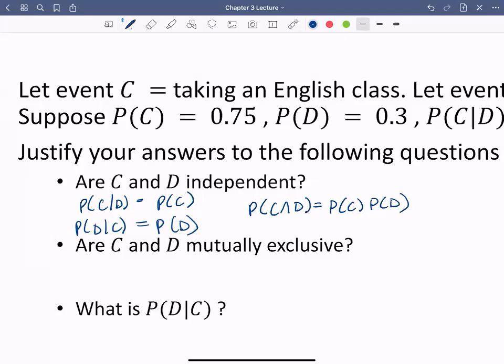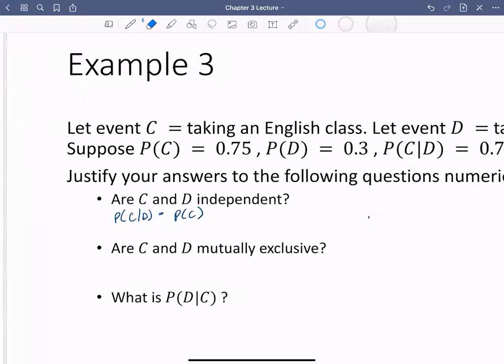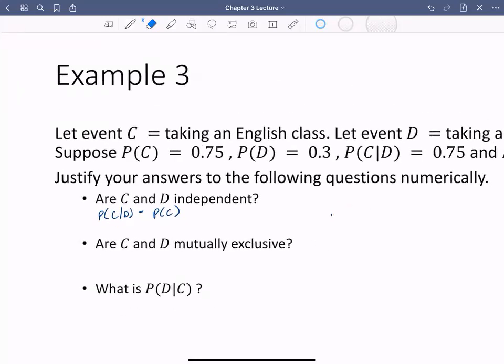Now, it doesn't matter which one you show. You're just showing that they're independent. All of these have to apply for them to be independent. So I'm just going to show the first one, mostly because it's given to us really easily.